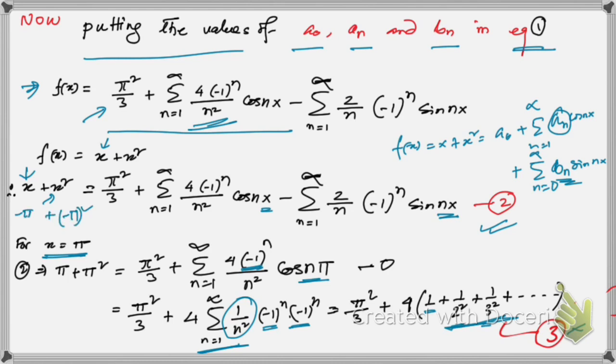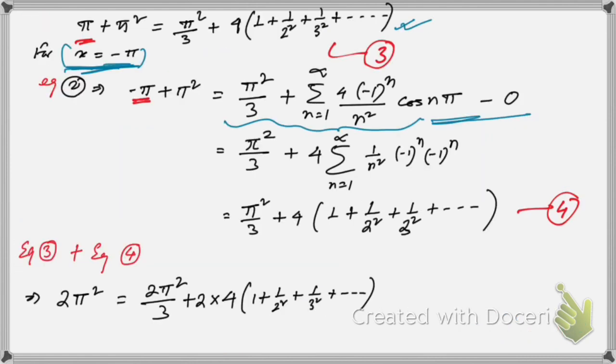Then here, if you put n into minus pi, it will be minus sin n pi. Sin n pi is nothing but 0, right? That's why we have got 0 here. Then cos n pi is this, and the product of these two will definitely be plus 1. And then if you expand this sum, you will get this, right?